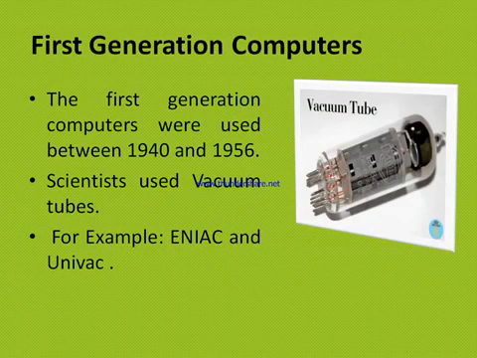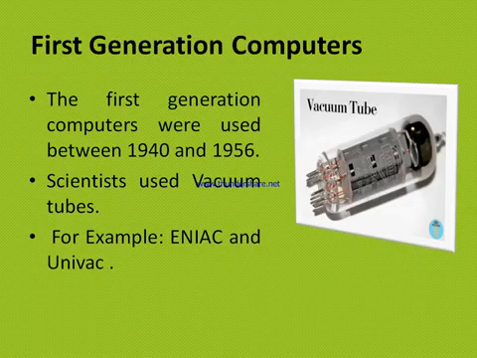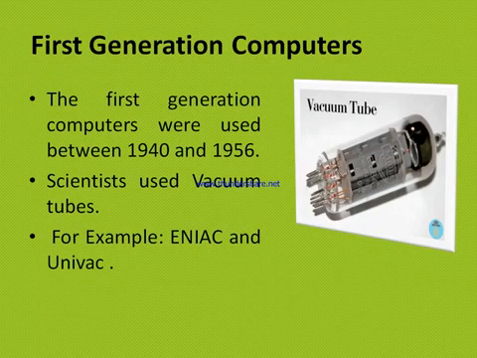The first generation computers were used between 1940 and 1956. Scientists used vacuum tubes in it. For example, ENIAC and UNIVAC. You can see the picture of vacuum tube on this slide.